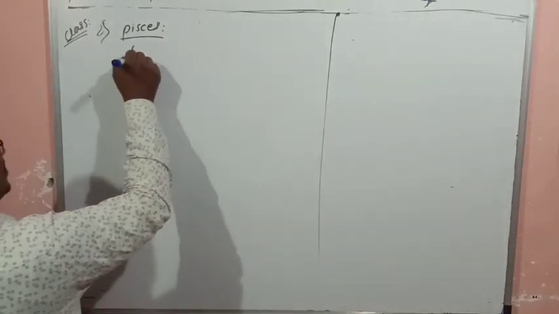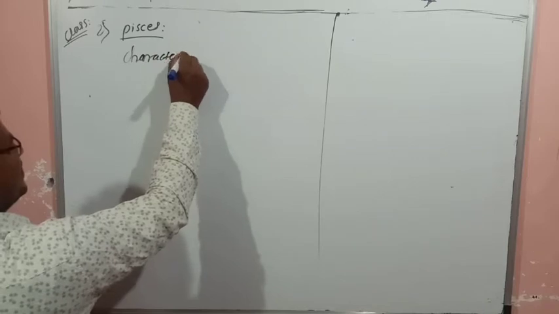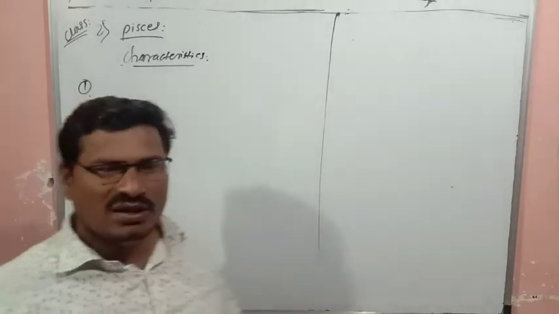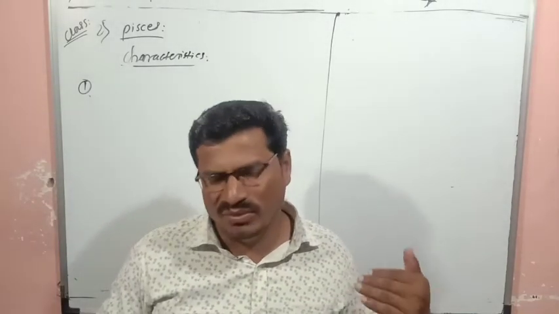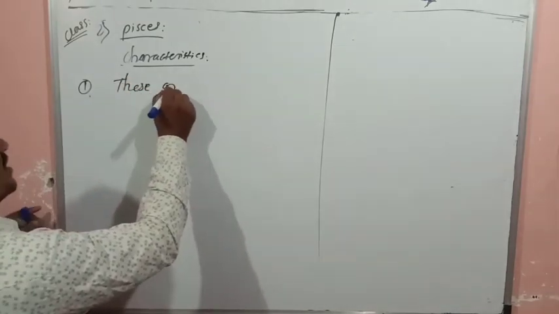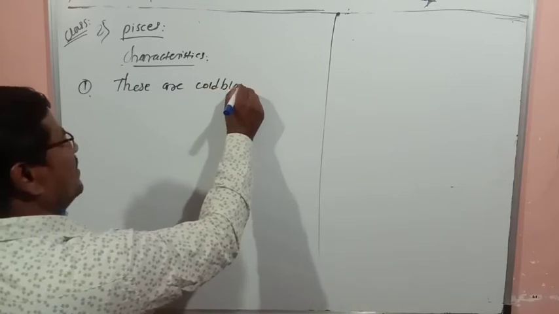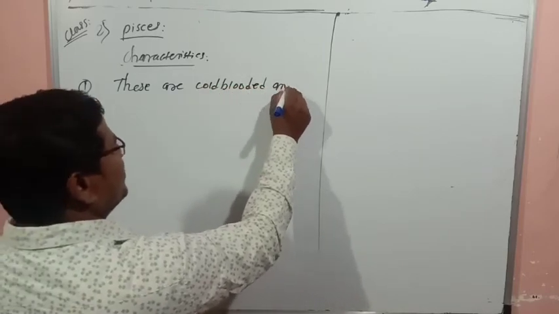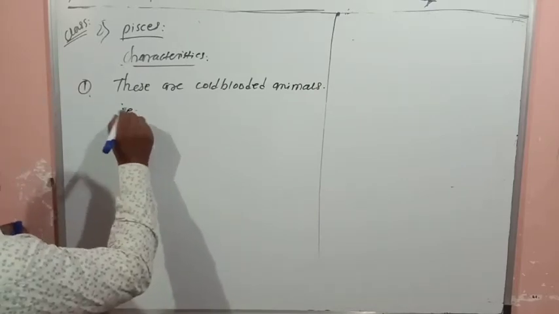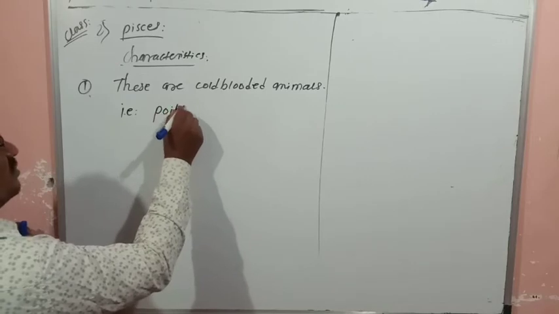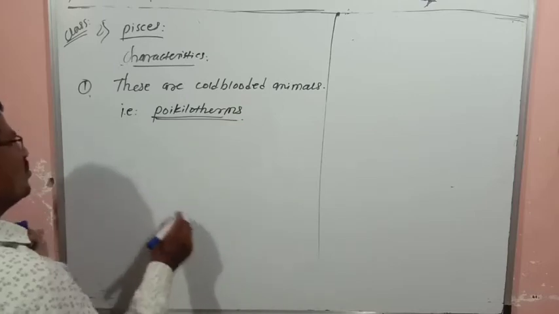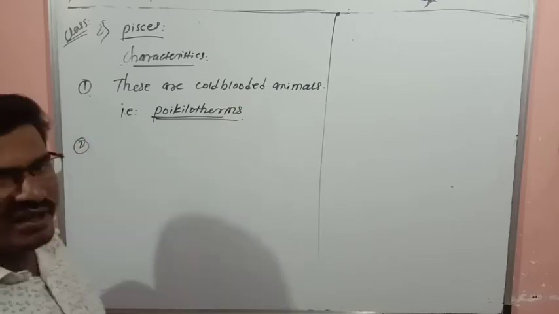What are the characteristics of Pisces? The first characteristic is that these are cold-blooded animals, called poikilotherms, meaning cold-blooded animals.